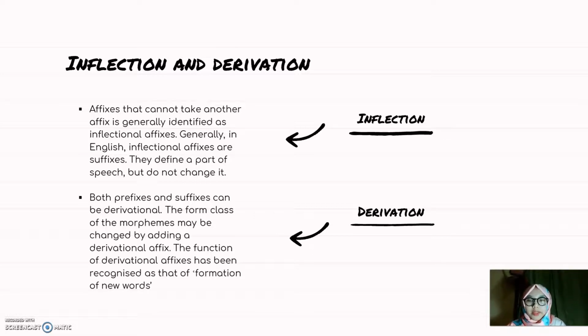For example, about derivation, globe as a noun may become global as adjective, globalized as verb, globalization as a noun, and so also child as a noun becomes childish as adjective, childishly as adverb, childishness as a noun.